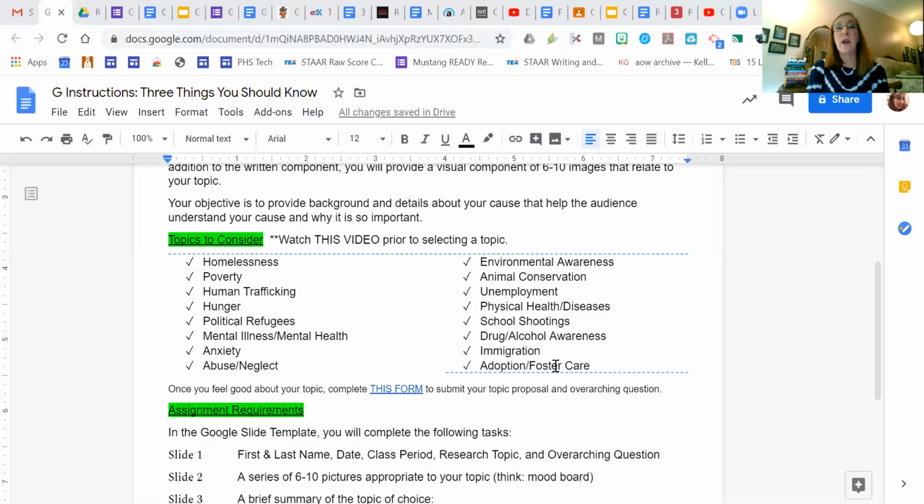Immigration is a big thing right now. As a matter of fact, there have been a lot of immigration concerns during this pandemic, during the shelter at home, and there have been some borders tightening up. So that might be something you want to look at. Physical health and diseases.